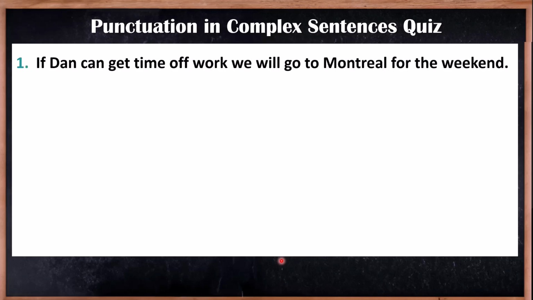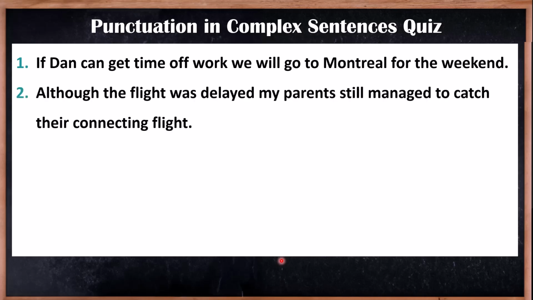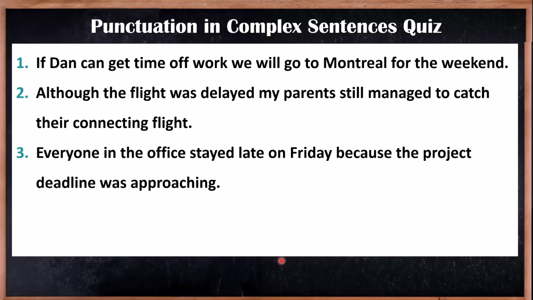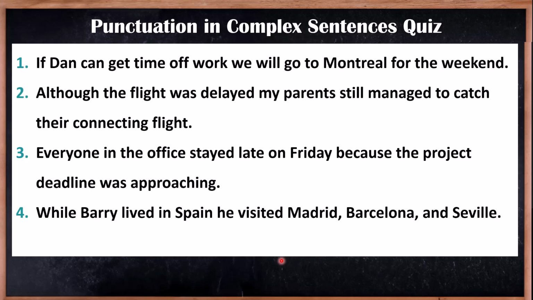Number 1. If Dan can get time off work, we will go to Montreal for the weekend. Number 2. Although the flight was delayed, my parents still managed to catch their connecting flight. Number 3. Everyone in the office stayed late on Friday because the project deadline was approaching. Number 4.